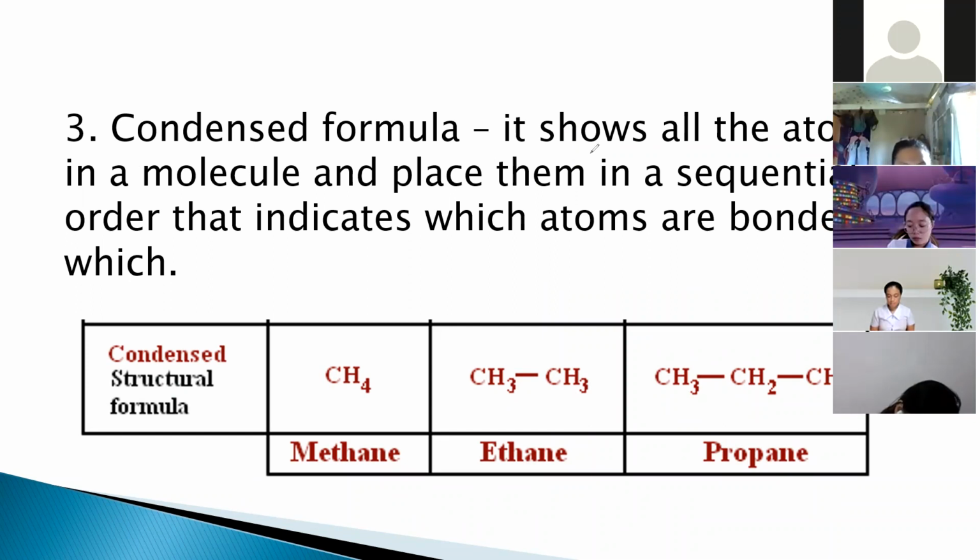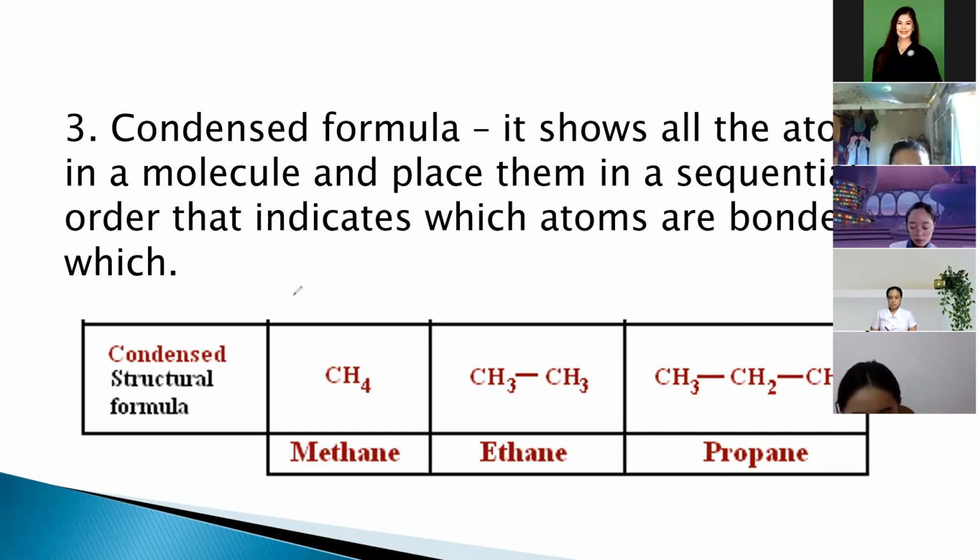In the structural formula, it's really spread out, and we show the bonds between the atoms. But in number 3, since it is called the condensed formula, we condense them. It is also not the same as the molecular formula.